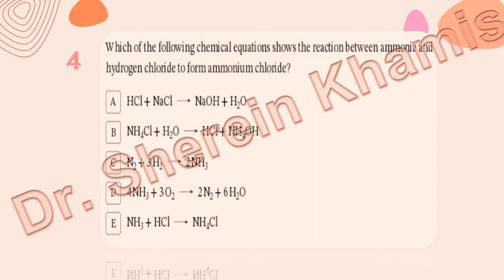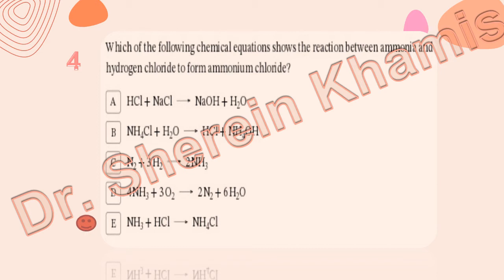NH4 is a product, not a reactant. N2, no, we want the reaction between ammonia and hydrogen chloride, not nitrogen and hydrogen, or ammonia and oxygen. The last one is the right answer.